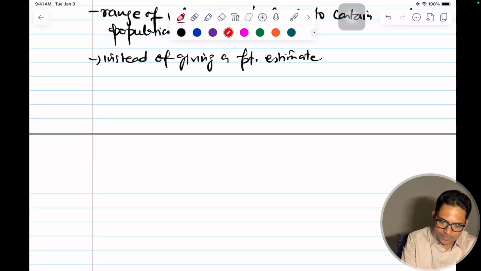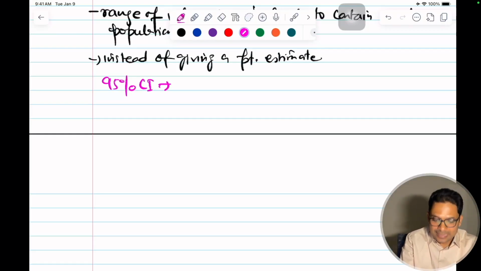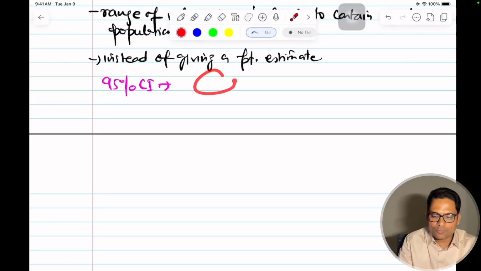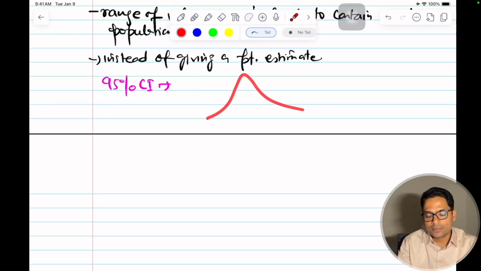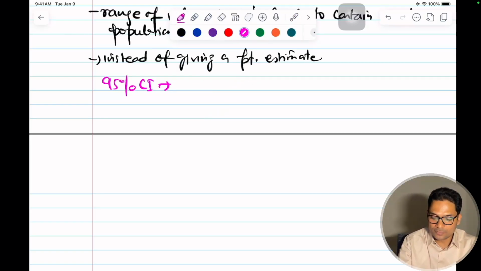For example, if I say that I have a 95% confidence interval, does this mean that there's a 95% probability of finding the population mean in it? I'll give you one range, for example average life expectancy.